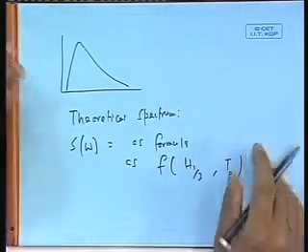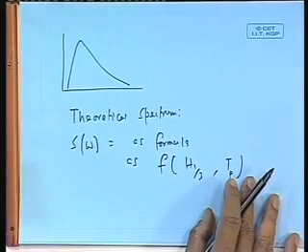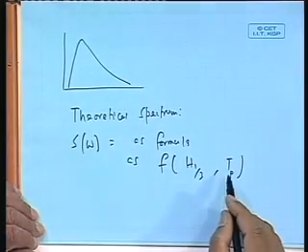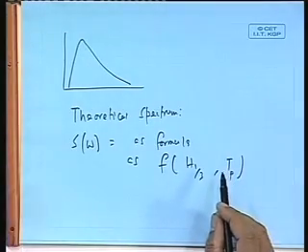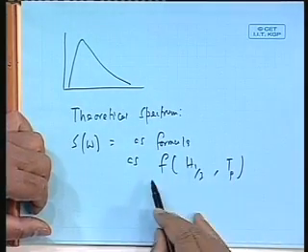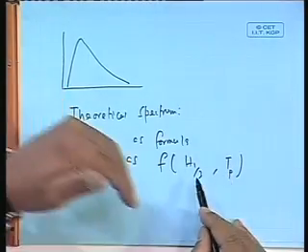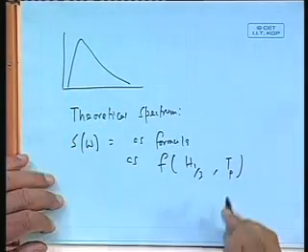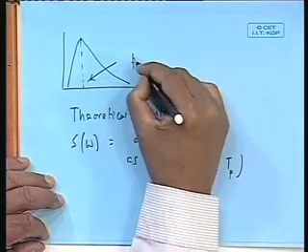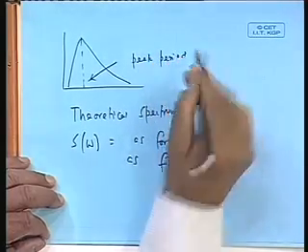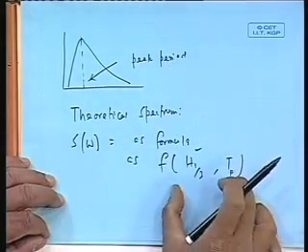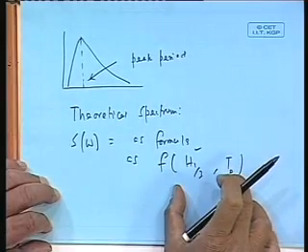There have been a number of formulas suggested by people, where you can determine S omega as a formula where the unknowns are H 1/3, sometimes only H 1/3. In earlier days it was wind speed, but nowadays more of H 1/3, and sometimes this plus some kind of period, TP meaning the peak period. Some formulas are there with only this, some with both. Both are more common basically. This is what is called a theoretical spectrum.